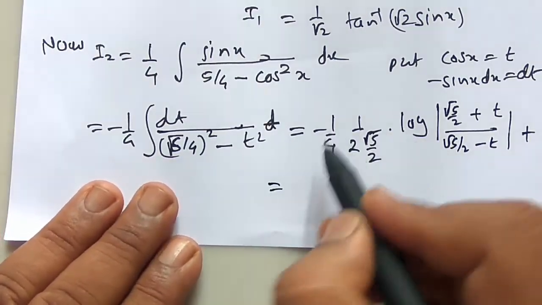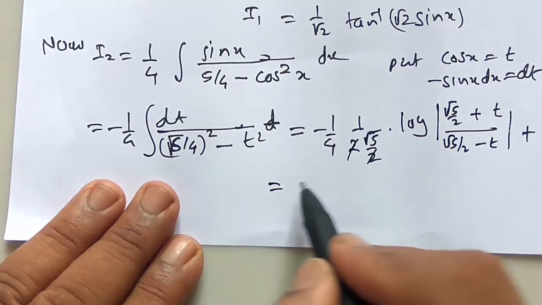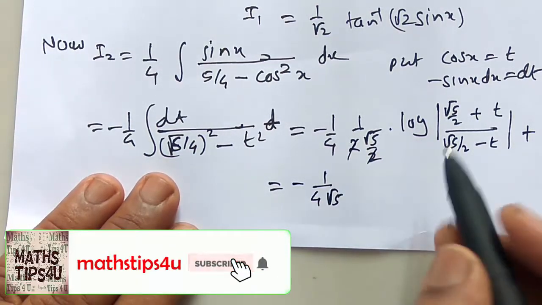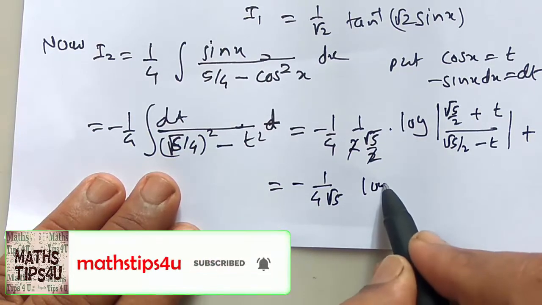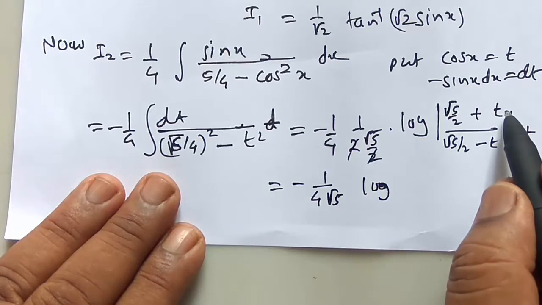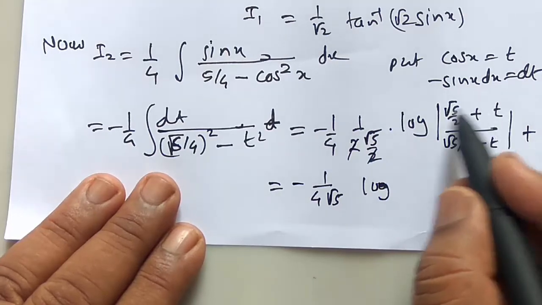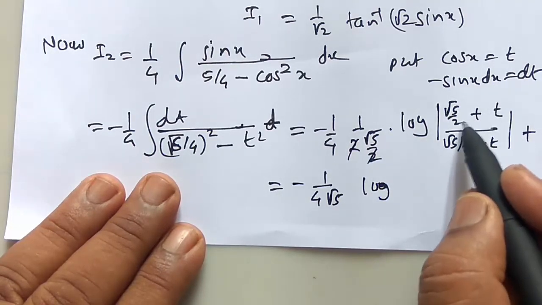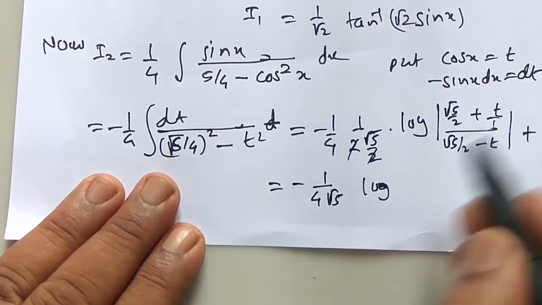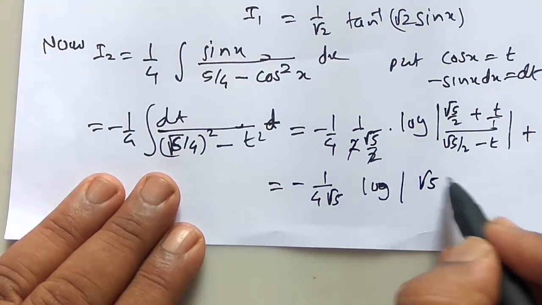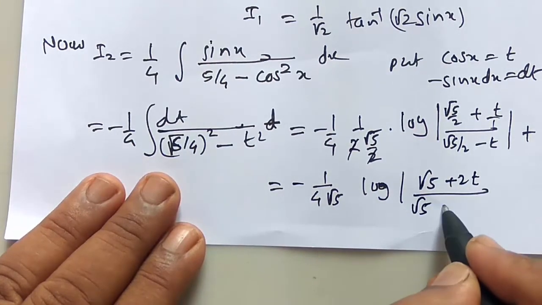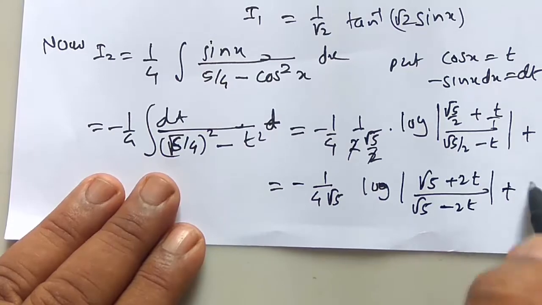So this is equal to, here 2 gets cancelled, minus 1 upon 4 root 5 log of, I multiply both by 2, here LCM is 2, so here also 2 gets cancelled. So root 5 plus 2t upon root 5 minus 2t plus c.